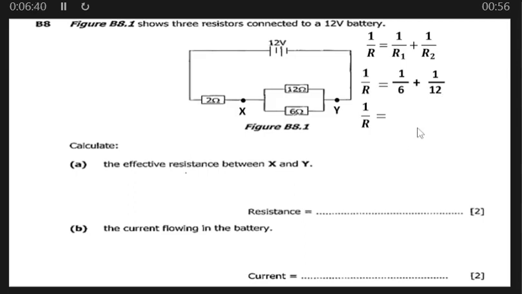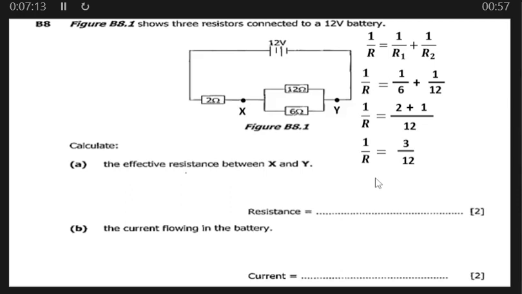So we'll say over 12 as a common denominator, and say 6 into 12, 2 times 1, which will be 2, then plus, 12 into 12, 1 times 1, 1. Then we'll say 1 over R is equal to 2 plus 1, which will be 3 over the same 12 here. Then what we are going to do next is to make R the subject of the formula.